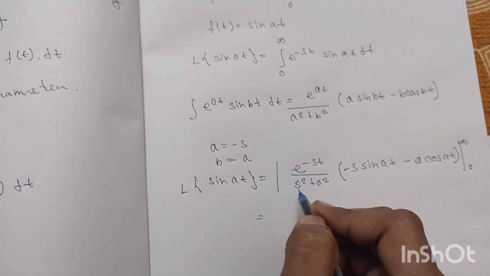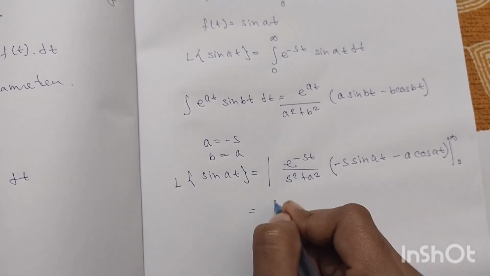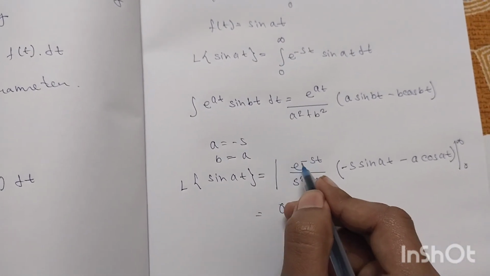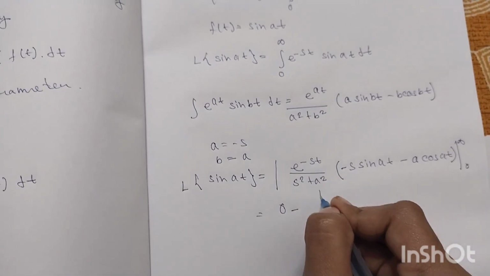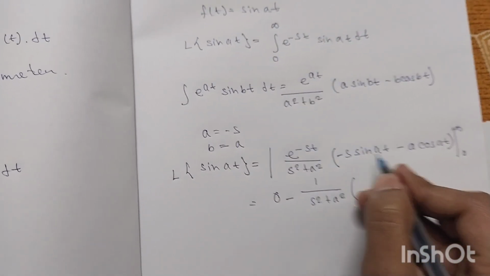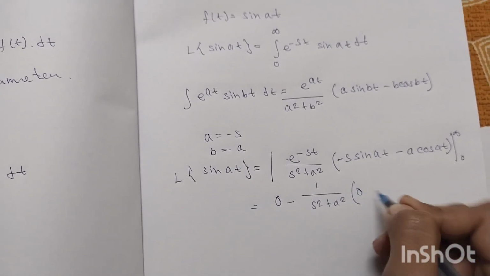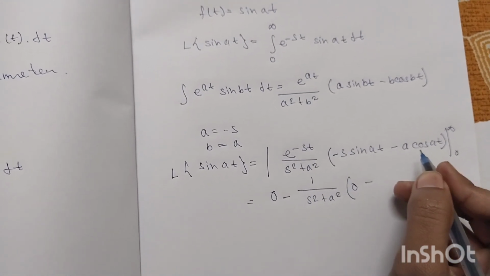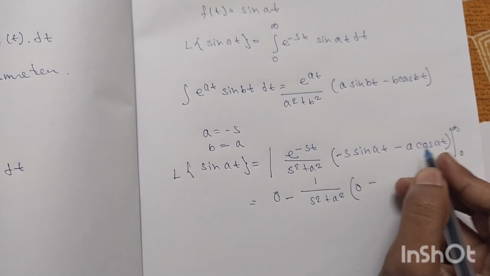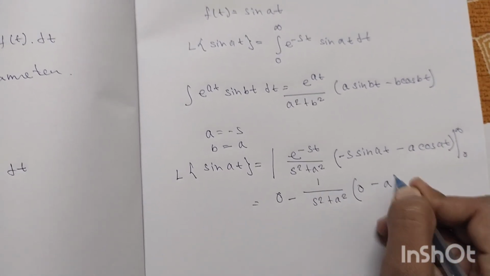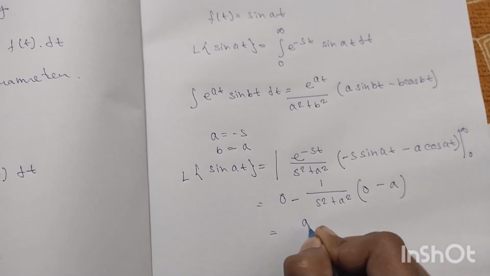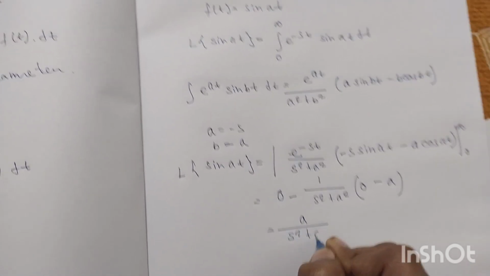Then 1 by infinity will become 0, so the whole expression will become 0, minus if we put the lower limit 0, then e to the power 0 will become 1 by s square plus a square, and sine of 0 is 0, and cos of 0 will become 1, and 1 into a equal to a, and this minus into this minus will become positive, and a by s square plus a square.